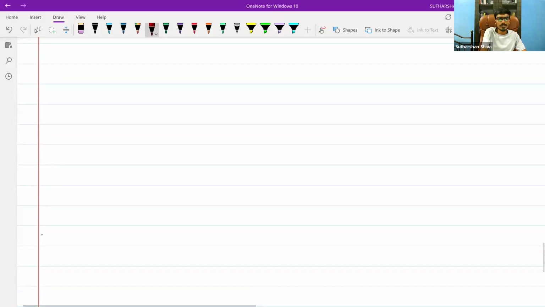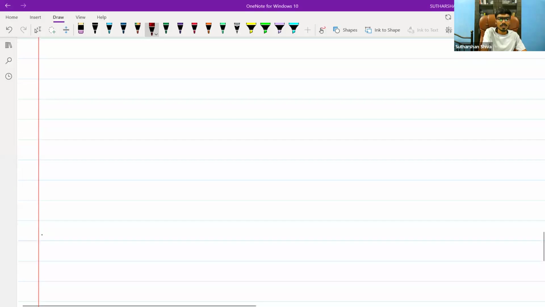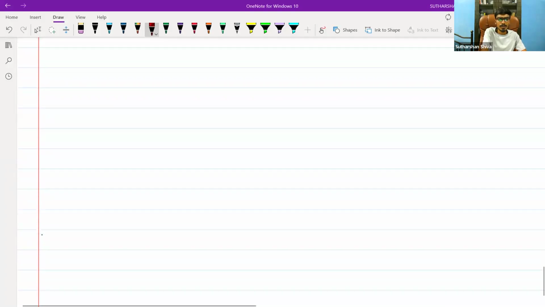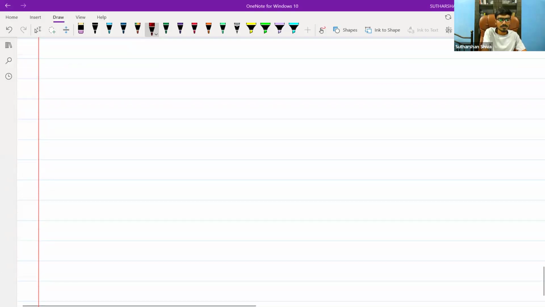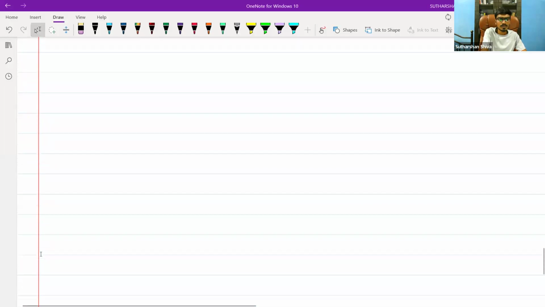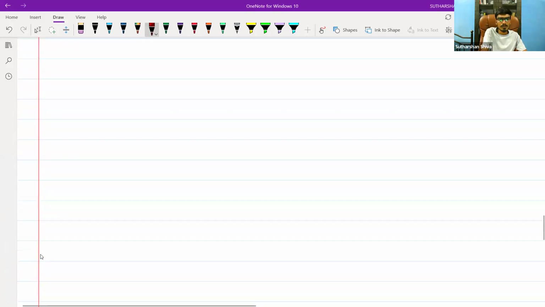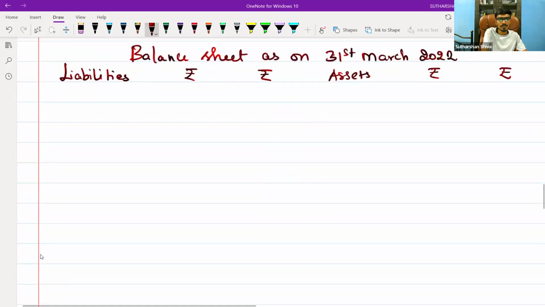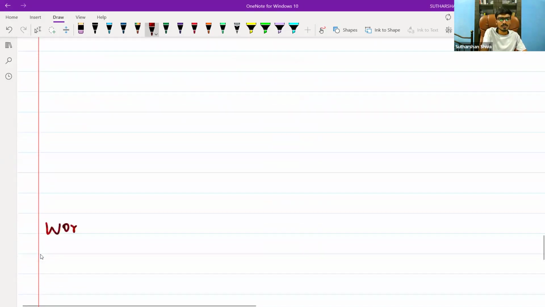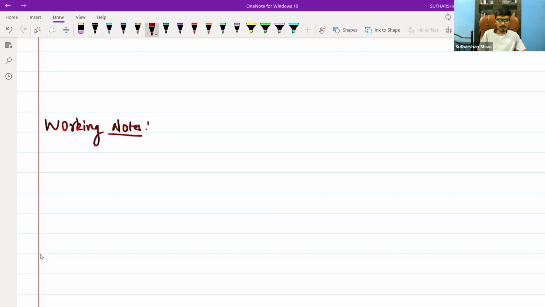As we need to prepare the supporting accounts, the first thing you can do is prepare your opening balance sheet. Give it a heading, balance sheet.